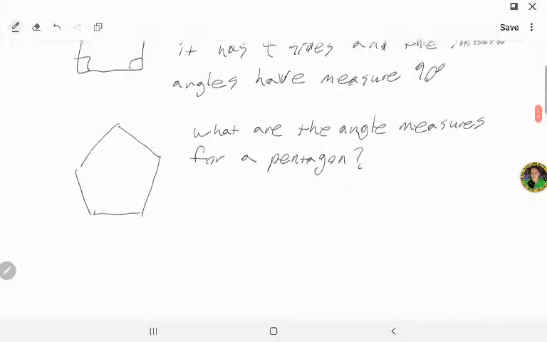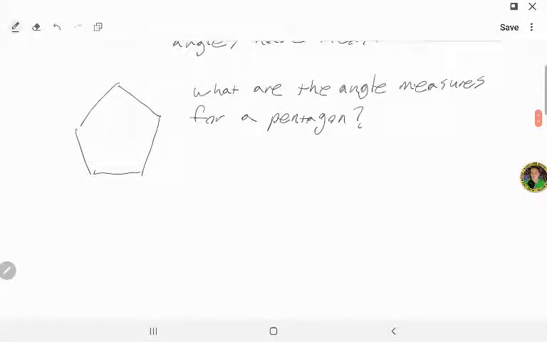So here we can actually be clever. We notice that if we break that pentagon into 5 triangles, those 5 triangles at the center have to make up a complete circle.